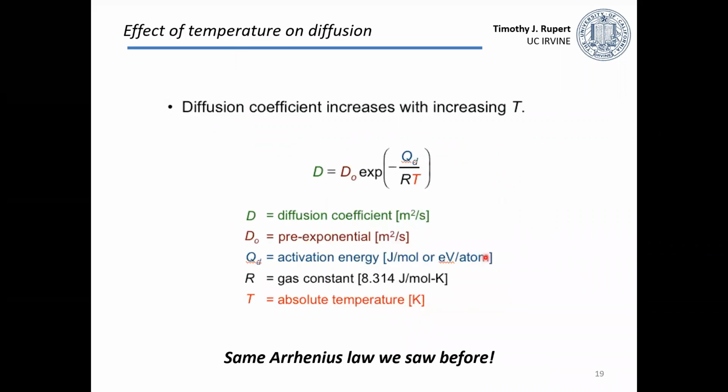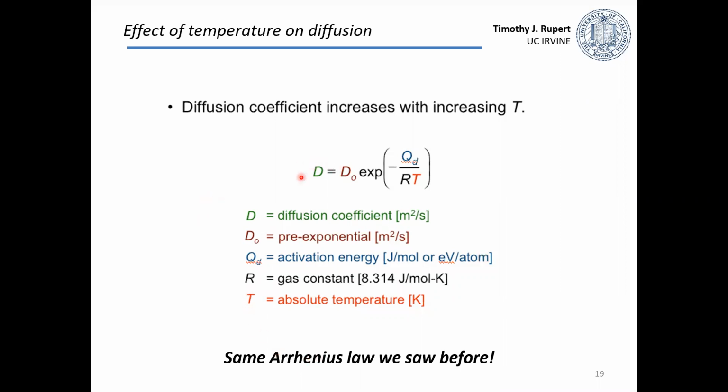So we mentioned that both the number and the frequency of jumps is very important. One of the major places we see that is that the diffusion coefficient of a material increases very strongly with increasing temperature. And it does so in a way that follows that same type of Arrhenius law that we saw before.